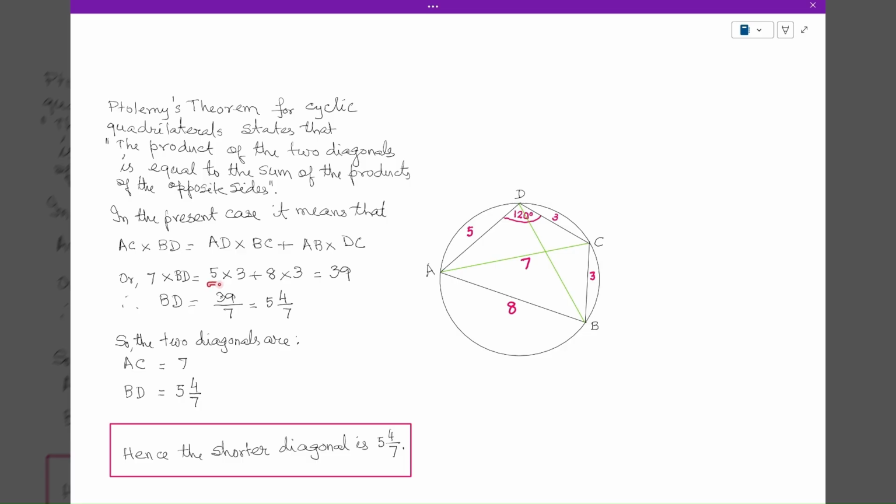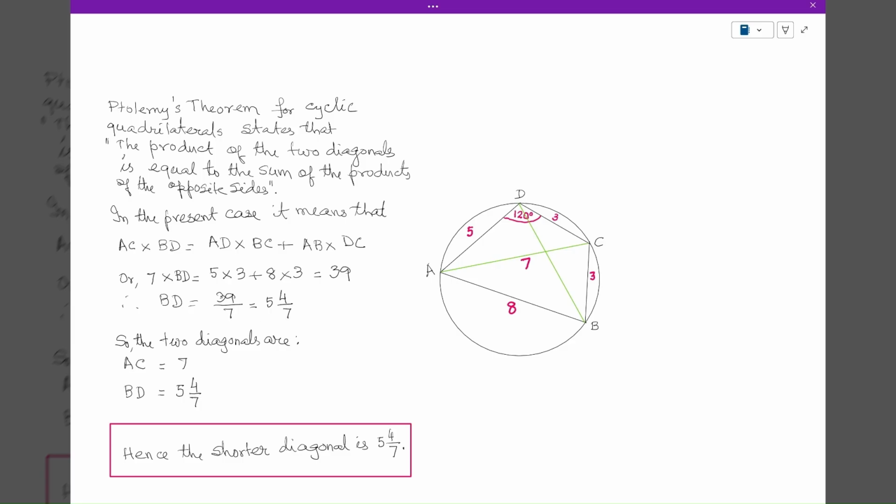AD is equal to 5, BC is equal to 3, AB is equal to 8, DC is equal to 3, and therefore this right hand side becomes 39. 15 plus 24 is 39. Therefore, 7 BD is equal to 39. So BD is equal to 39 by 7, that is 5 and 4 by 7.